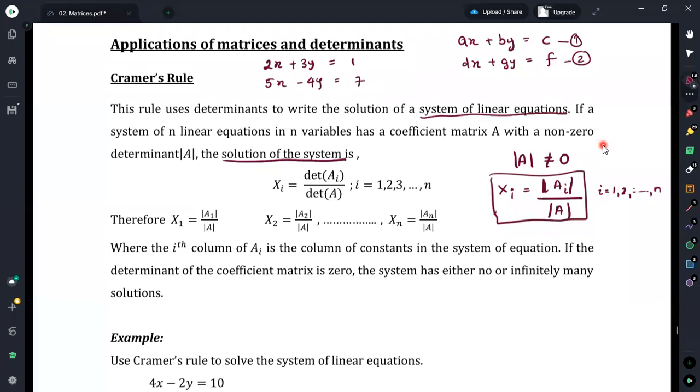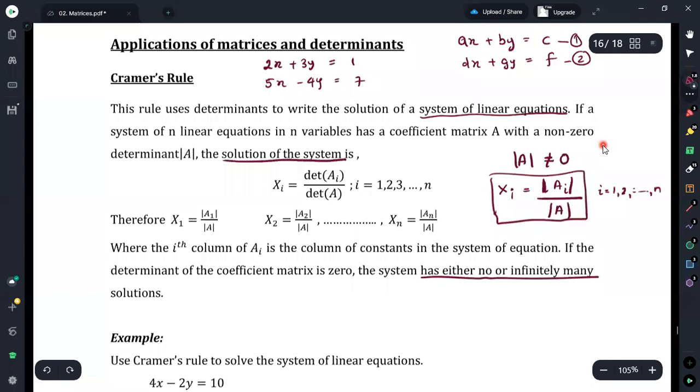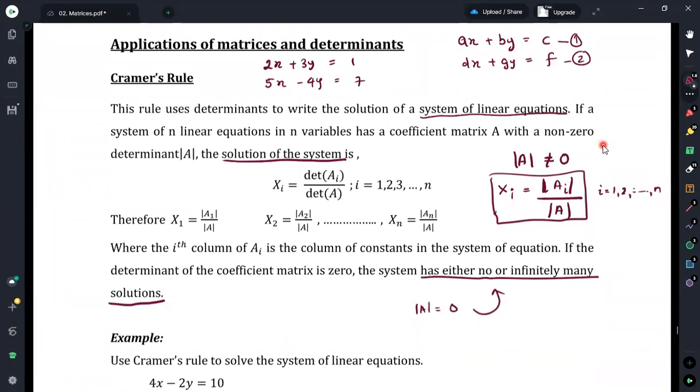But if the determinant of the coefficient matrix is 0, then we say that the system has either no solution or infinitely many solutions, and by stating that we terminate the calculation at that point.